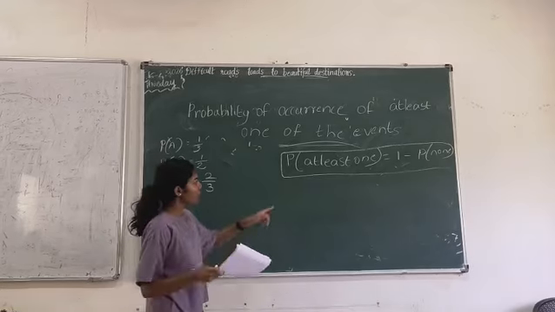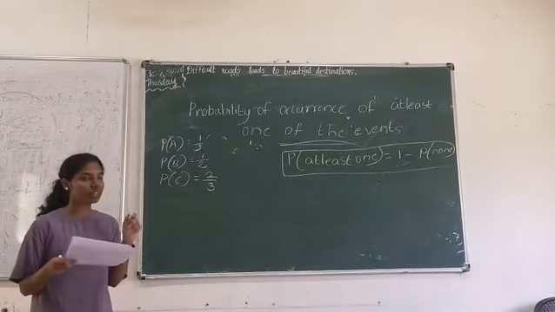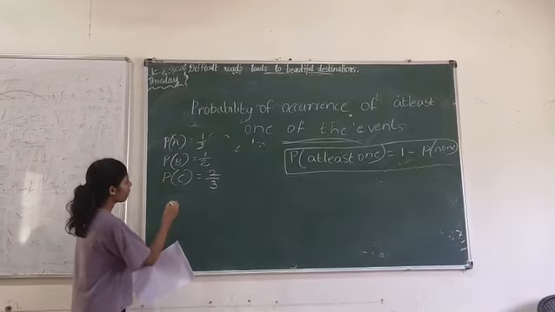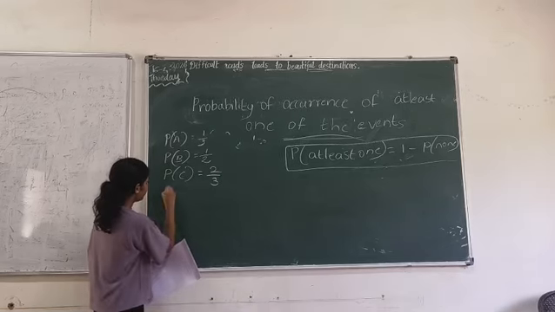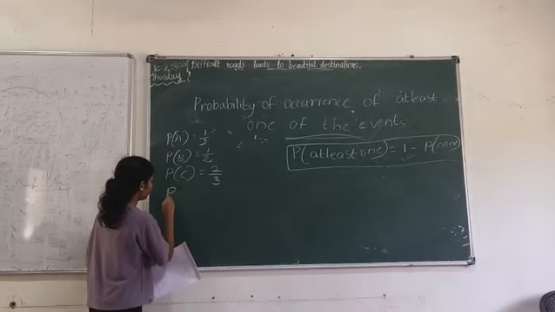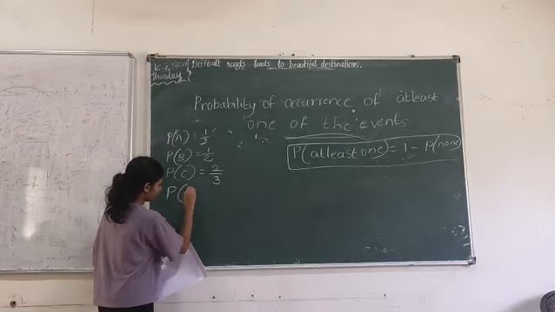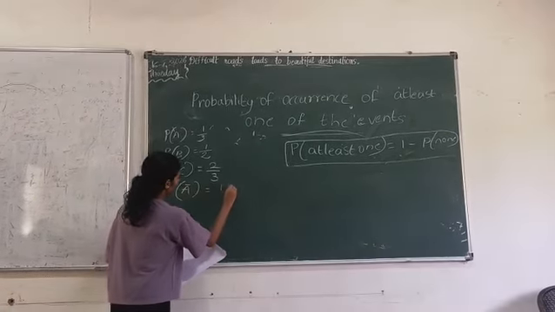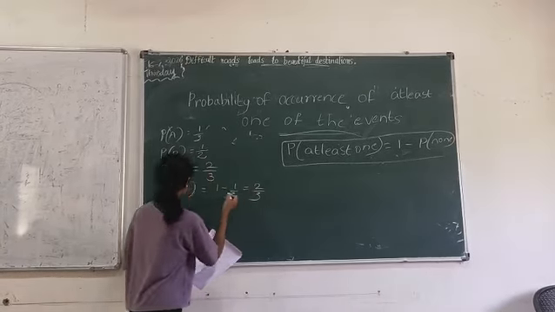So we need to find probability of at least 1. For that we need to subtract P of none from 1. To find probability of none, we need to fail in the first interview. That is P of A dash equal to 1 minus 1 by 3, that is 2 by 3.